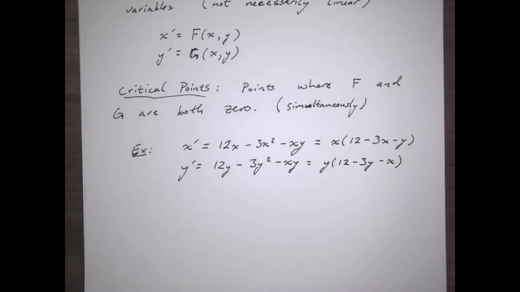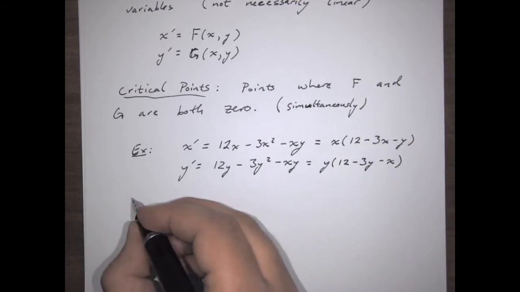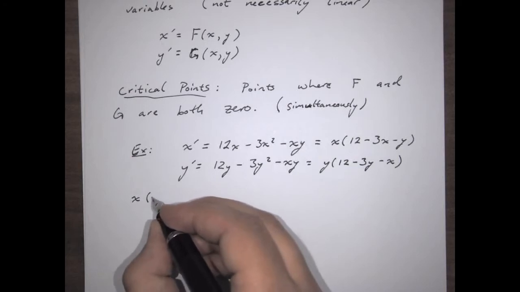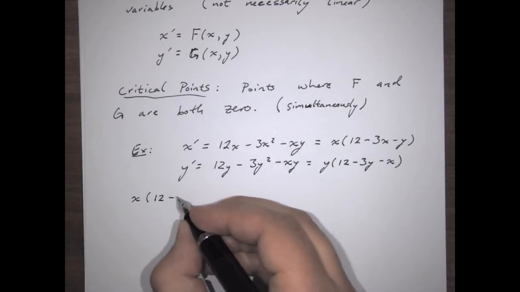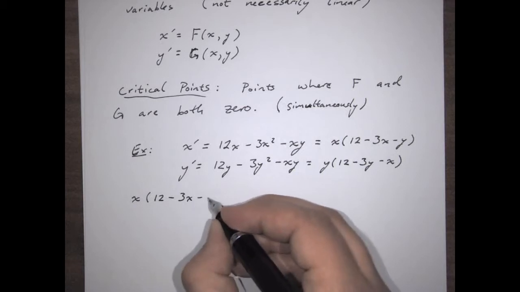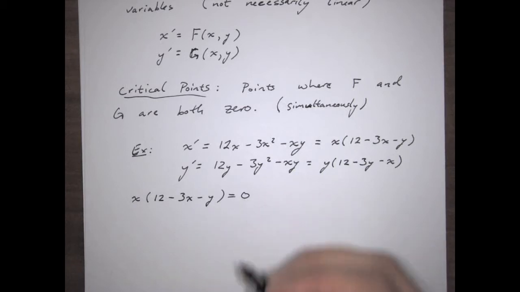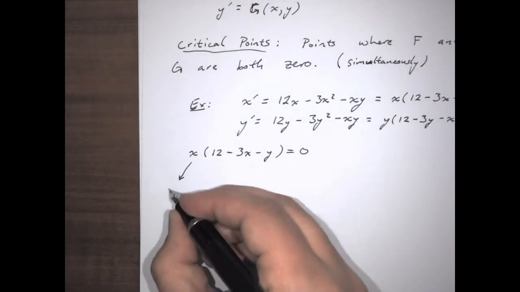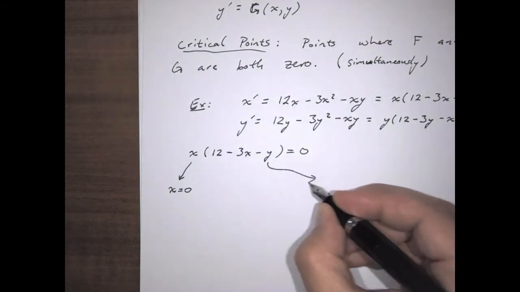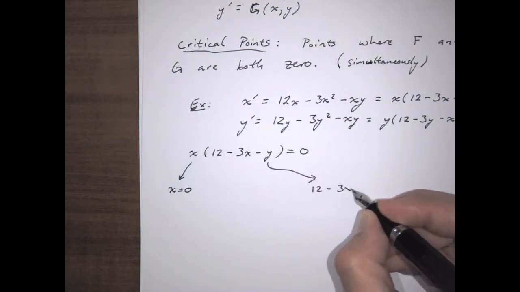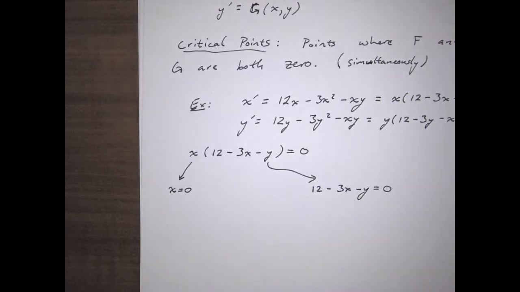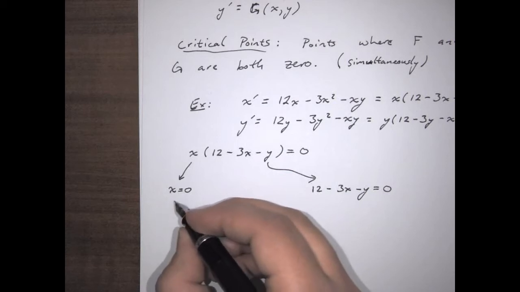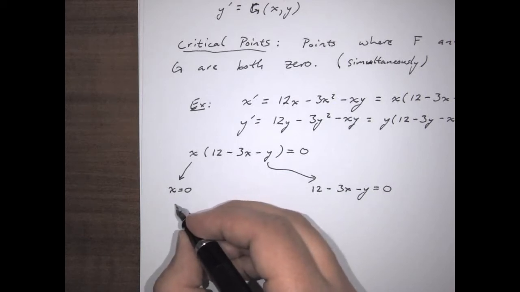Okay, now we need this to equal 0 and we need this to equal 0. So let's think about what the first one equaling 0 will force for us. This gives us a branch of two possibilities. We either have x equals 0 or we have 12 minus 3x minus y equals 0. Under the first case, we would also need y prime to equal 0.